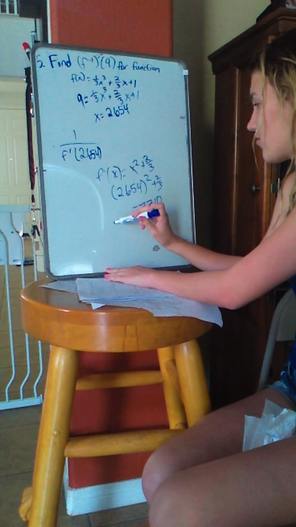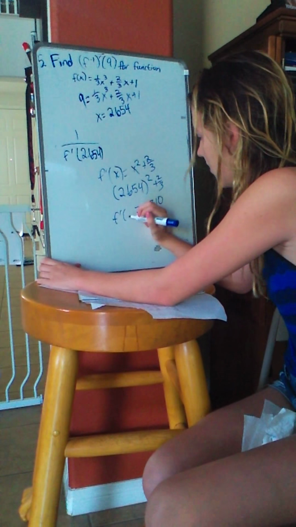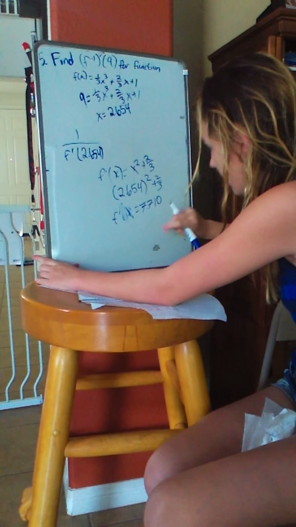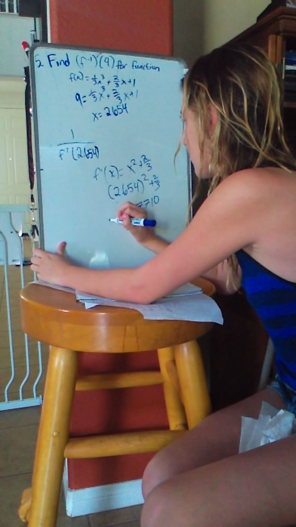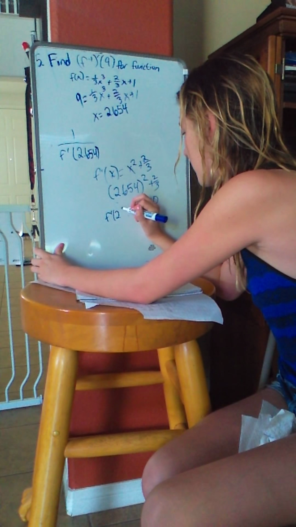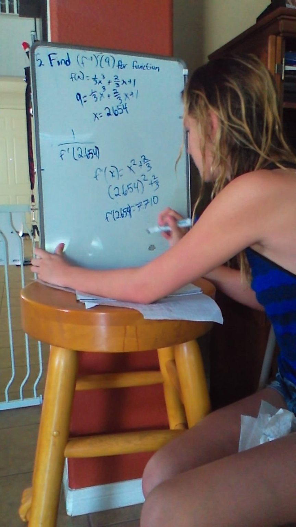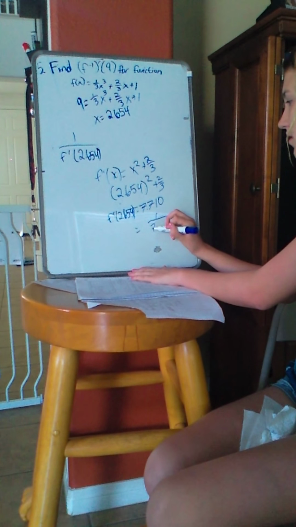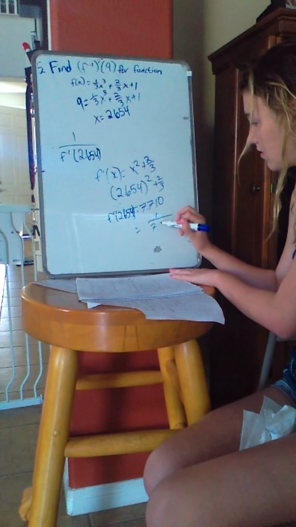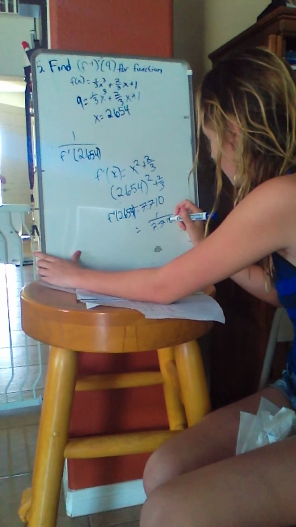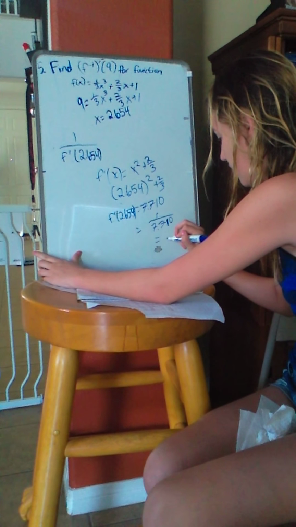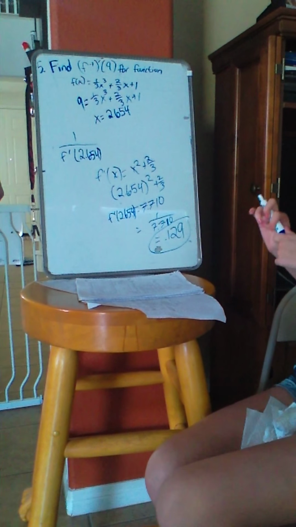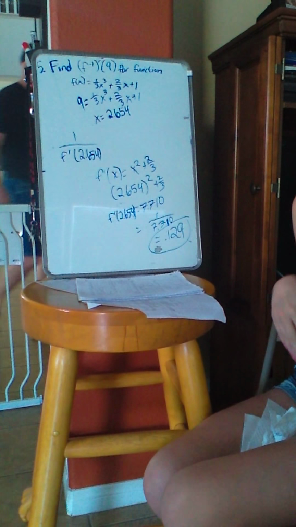Since this is the derivative of f at 2.654, we found that, so we're going to put 1 over that, which is going to be 0.129. And that is the final solution.